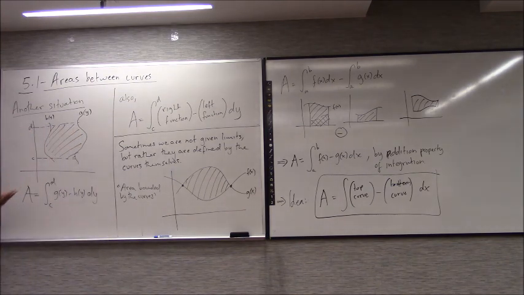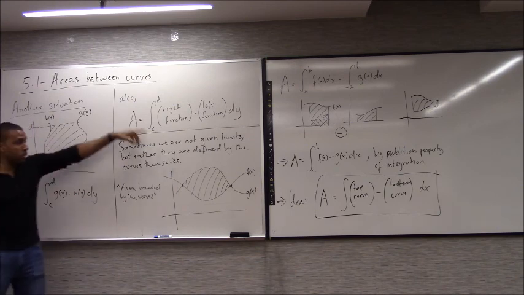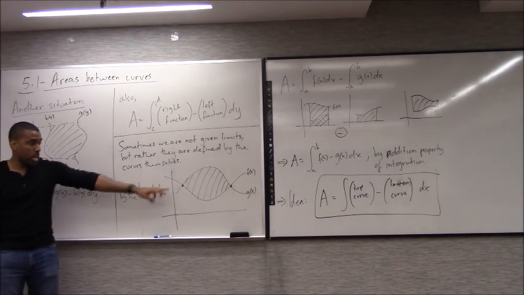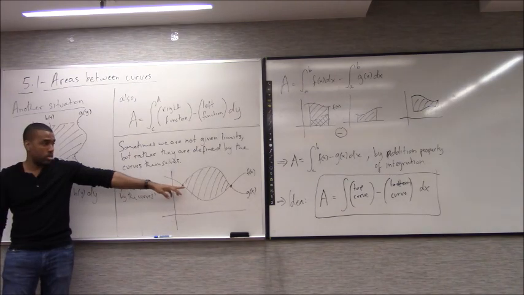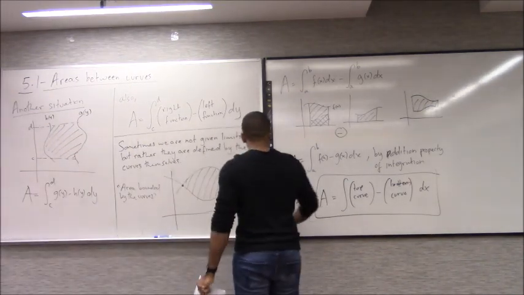The situation we were looking at before was they say, what is the area between these curves between a and b? They gave you the numbers. But here they just might say, bounded by these curves, and give you 2 random curves. They don't give you any points to put on your integral. What that means is you have to figure out what those points are, and usually they're going to be intersecting curves. You have to figure it out based on the intersections.